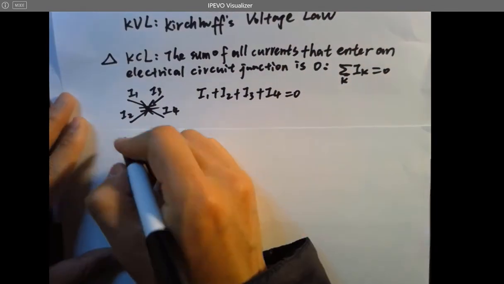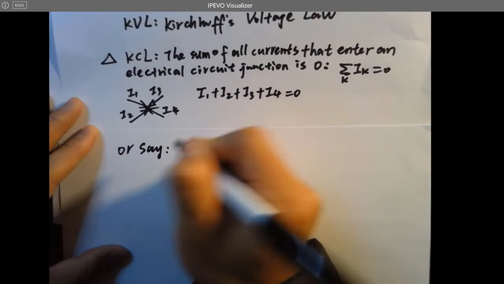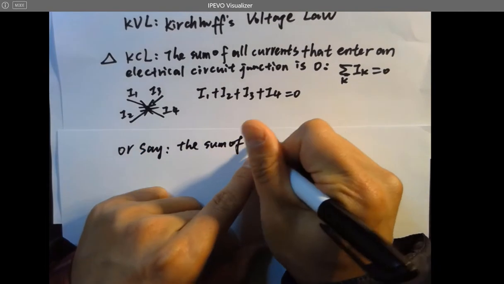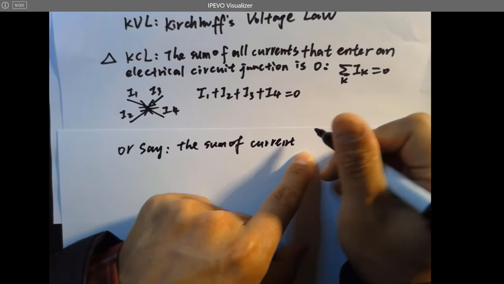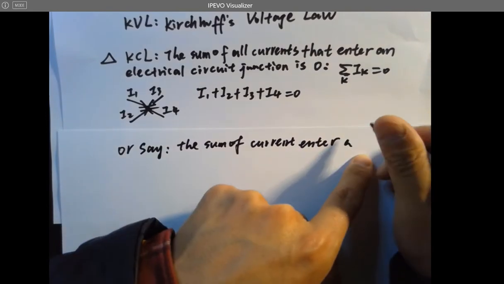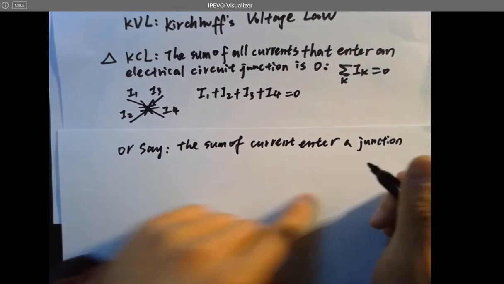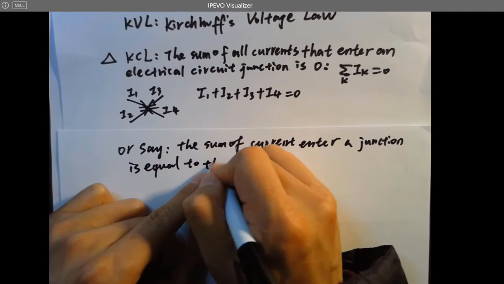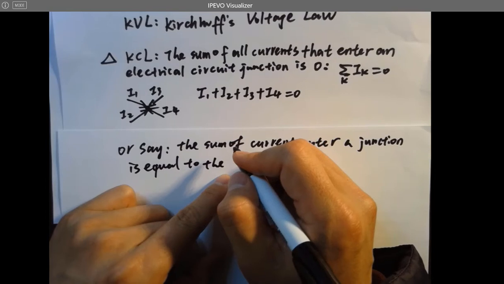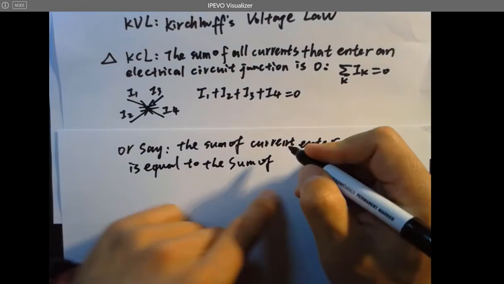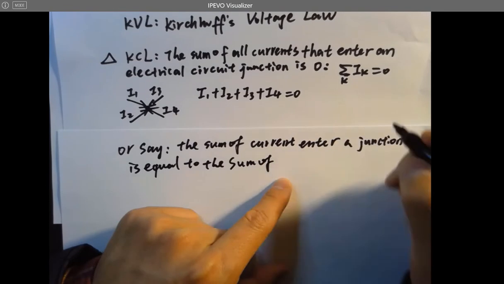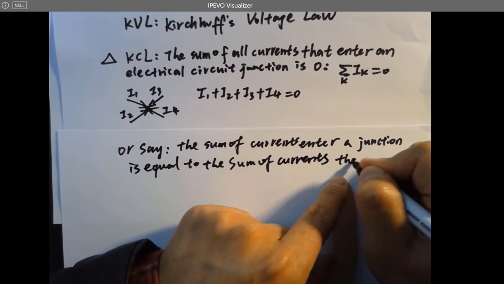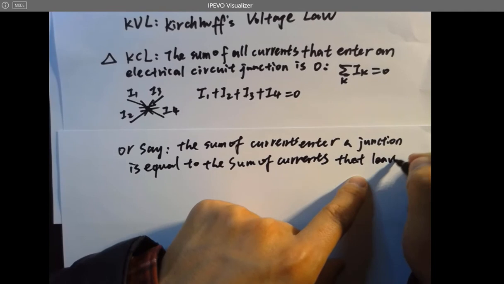You can say the sum of currents that enter a junction is equal to the sum of currents that leave the junction.